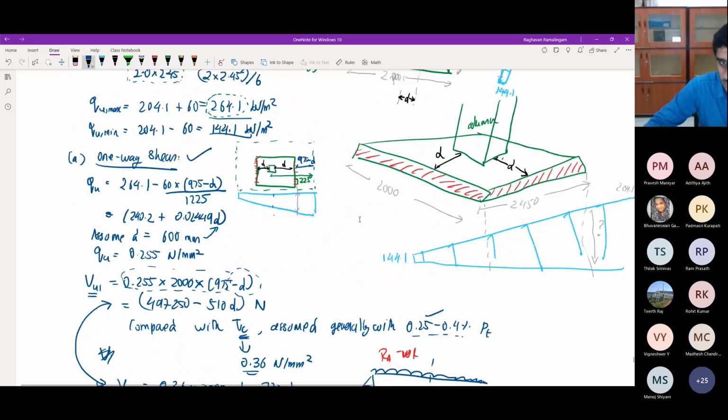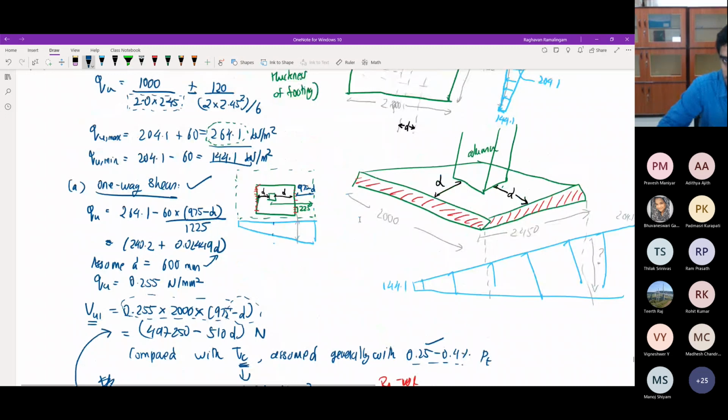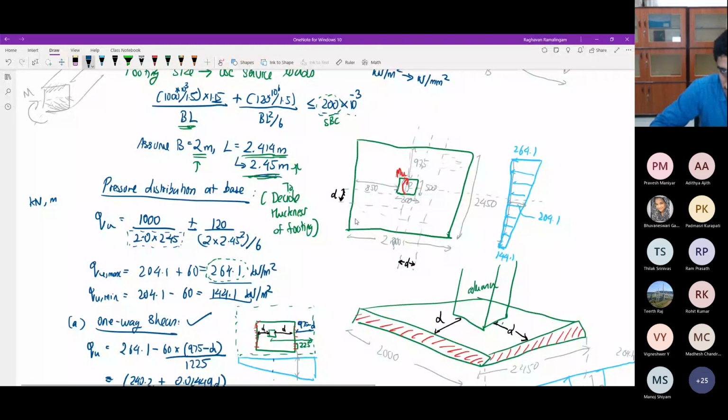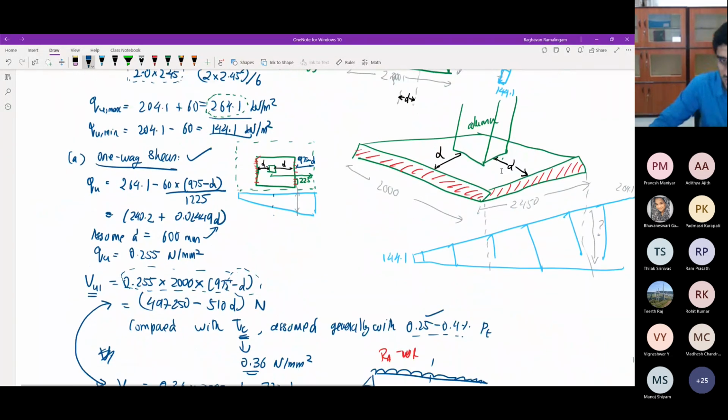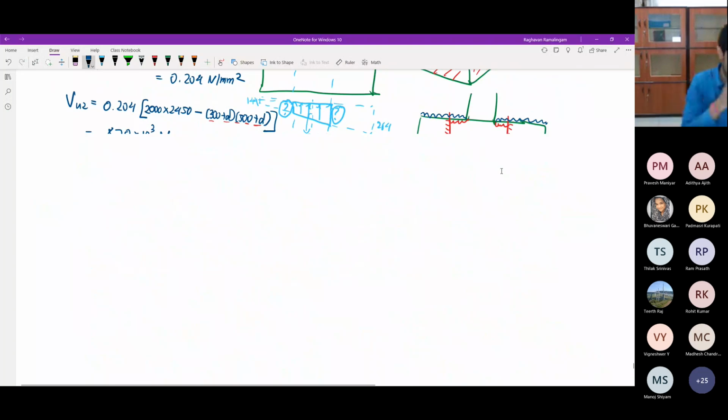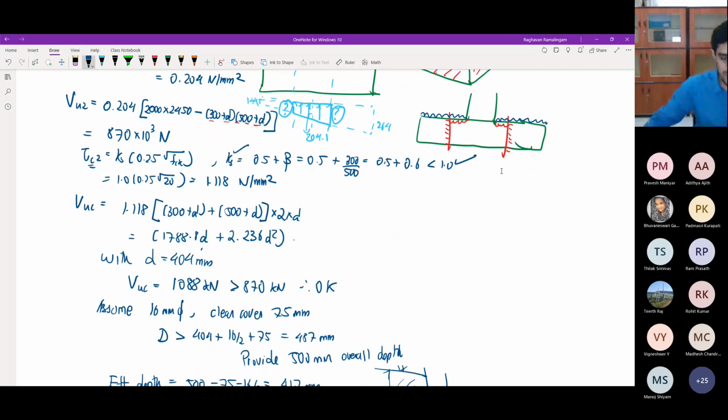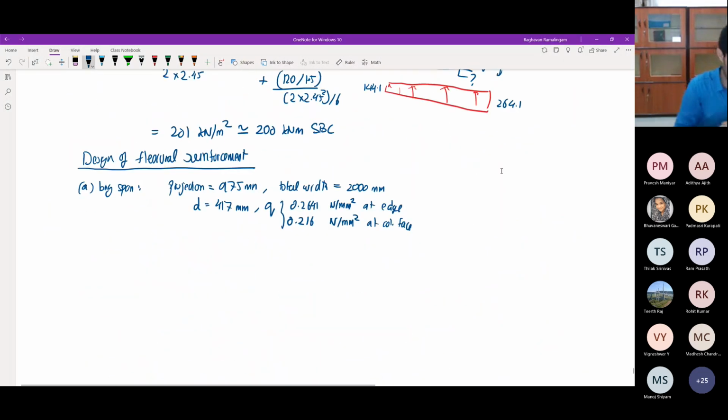Basically, what I'm saying is, right at the column face here it is 260. Anyway, that also can be calculated, because it's a trapezium, you can calculate that value also. I didn't show it, but anyway. So this is what you have. So using this, I can find out the moment.